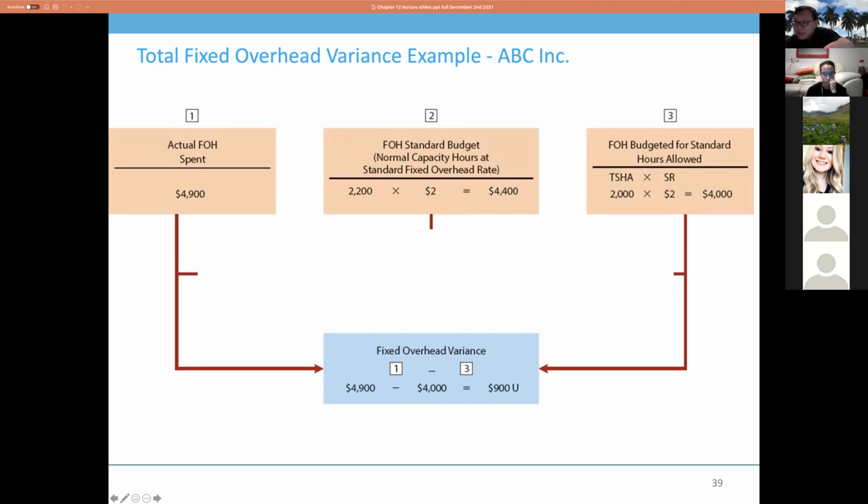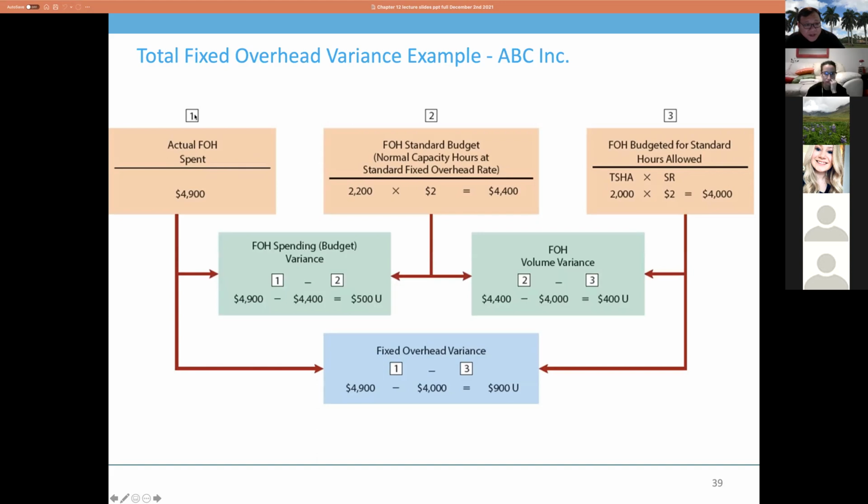And this time is not actual quantity. This time is the normal capacity. So that's kind of in your static budget, right? You are predicting what's the capacity. So this number, you didn't calculate it. It's directly from the static budget.